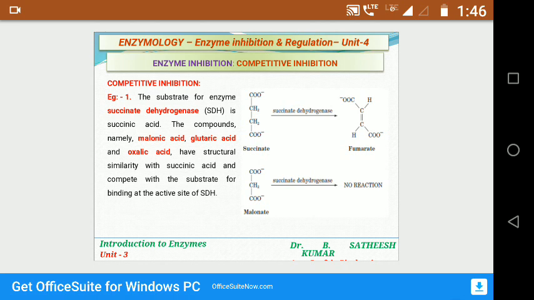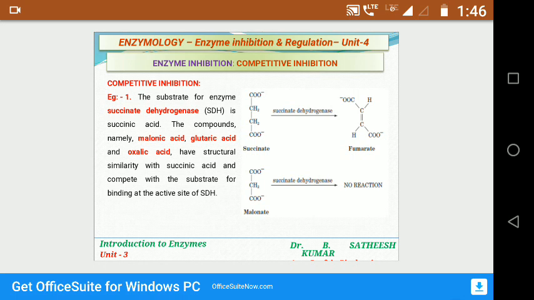One particular example for competitive inhibition is succinate dehydrogenase, an enzyme of the TCA cycle, which converts succinate to fumarate. But instead of succinate, it may sometimes bind malonic acid, glutaric acid, or oxalic acid.